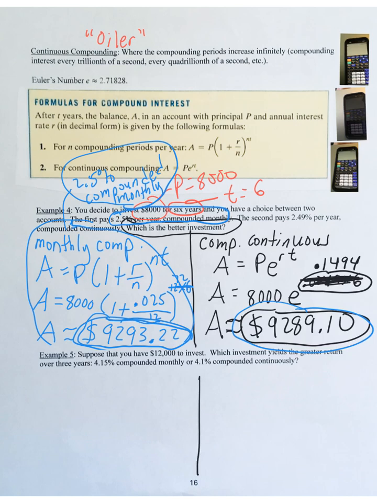So first up is the 4.15% compounded monthly. So that is going to be the regular compound interest formula, which was A equals P times 1 plus R over N raised to the N times T power.